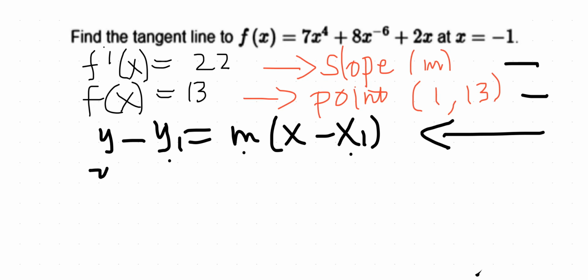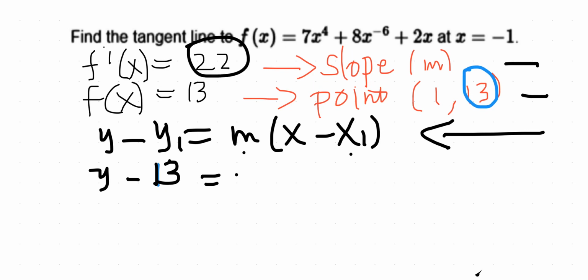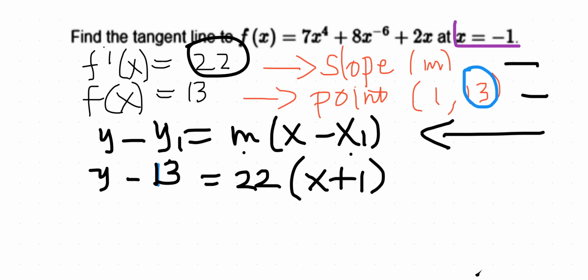So let's plug in. Y minus, so this is your y. You have a 13 here. Is equal to slope here, which is 22. X, so this is a plus 1, right? Why plus 1? Because in here, take note, in here, it's -1.